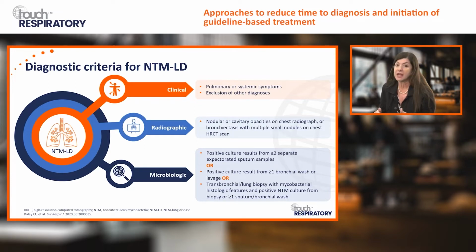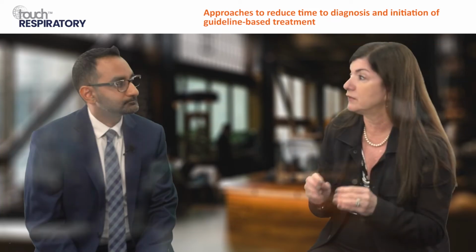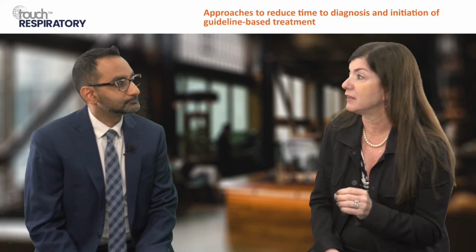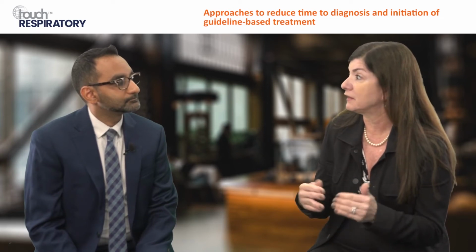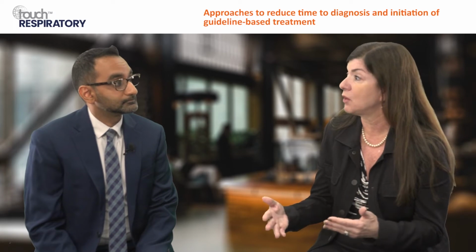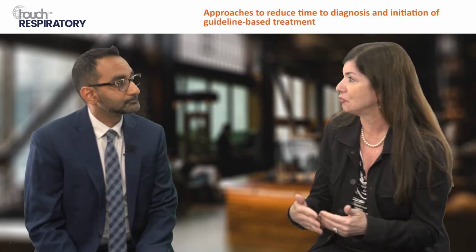And then you must have sputum cultures, either two sputums that produce the same NTM species or a bronchoscopy specimen that grows an NTM species. Those three things together give you a diagnosis of NTM lung disease. And it's extremely important to get the species. So just having AFB on a specimen that's seen under smear without having growth won't really help you in treating the patient.